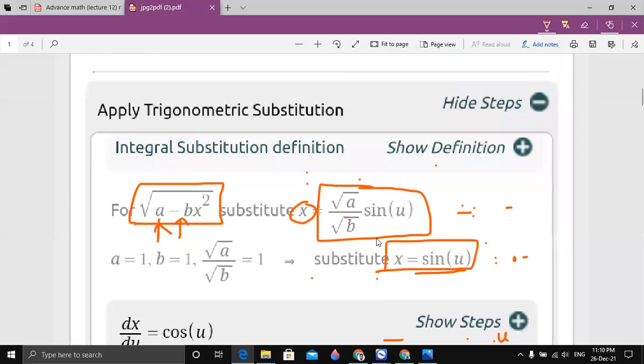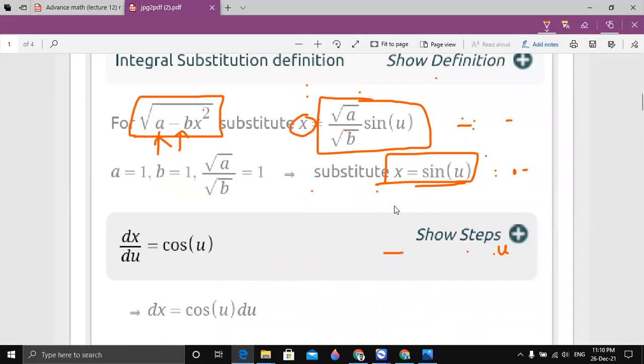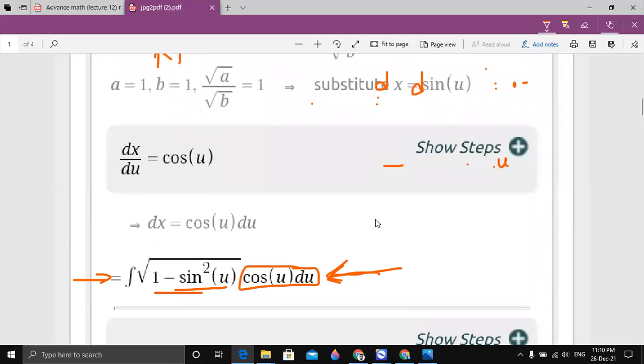And now we have to find dx. So we differentiate both sides, dx and d of sine u. From the small formula we already discussed, dy is equal to y derivative dx.